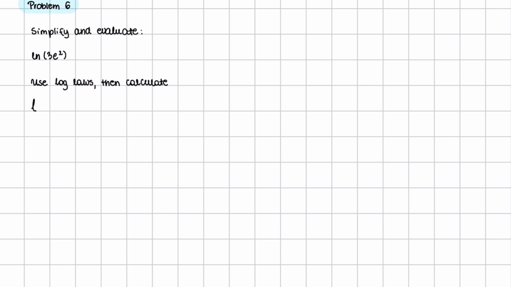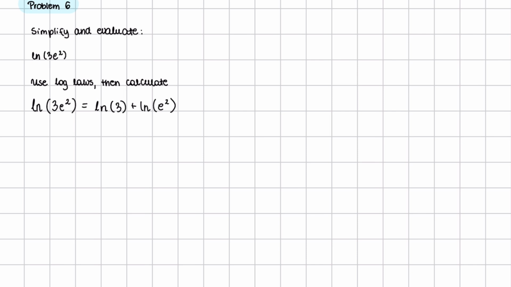So our natural logarithm, and in brackets we have 3e to the power of 2, and using our laws of logarithms that you should know, it is natural logarithm of 3 plus natural logarithm of e to the power of 2.